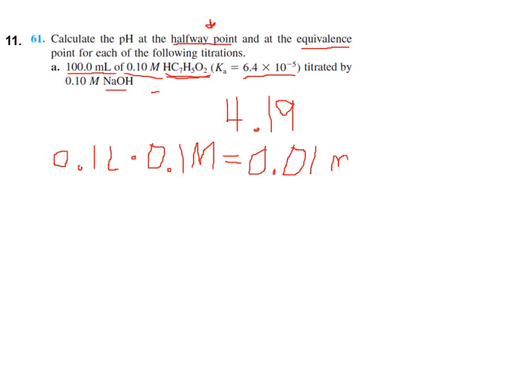Now, this is the number of moles of both. At the equivalence point then, the acid and the base have eaten each other all up, but in the process of doing that, we had 0.01 moles of the acid originally, and then we had to have added the same number of moles of the base to get to the equivalence point. In the process of doing that, we would have also created this same amount of the heptanoate.